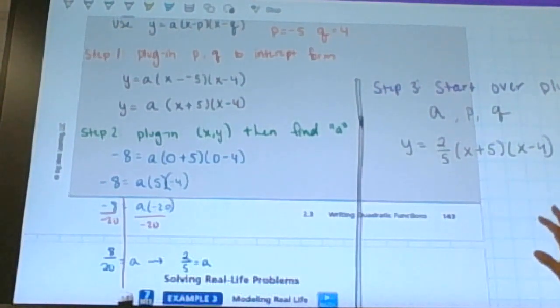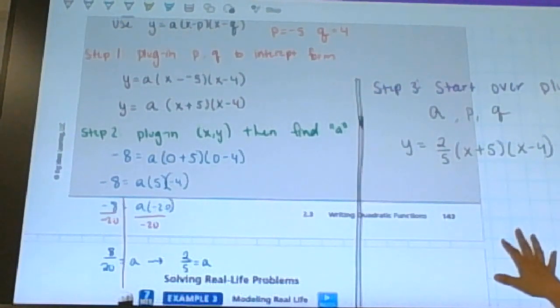So FOIL first, and then distribute a. The good thing about this is that you don't have to remember a key value. So go ahead, FOIL that.